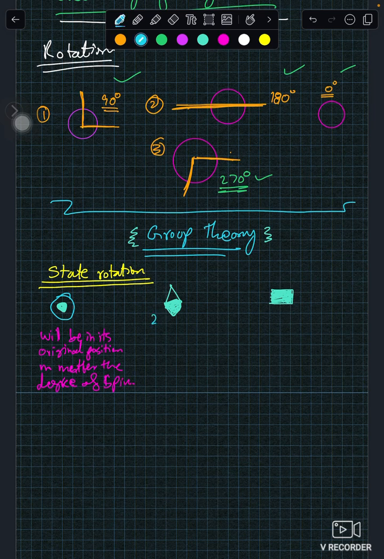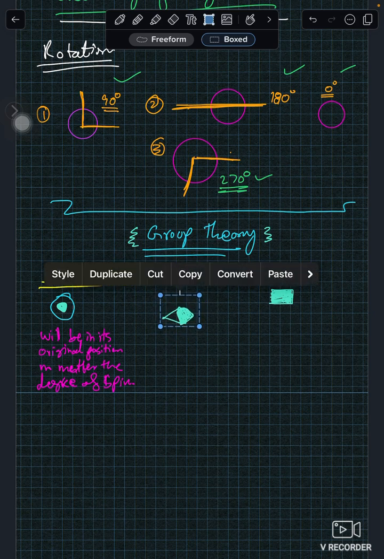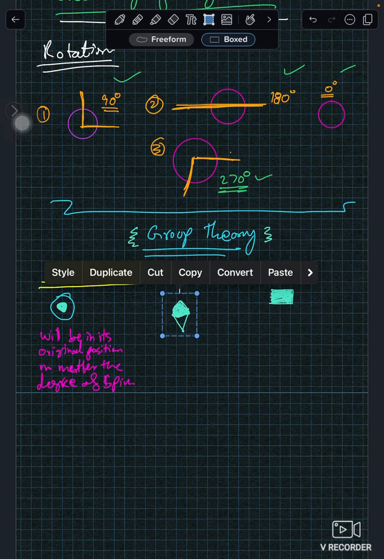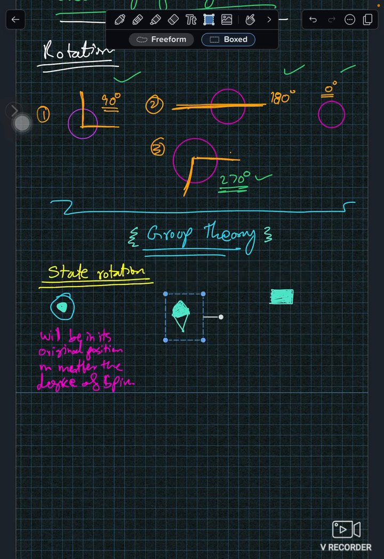But then we have a different situation over here. Here, no change. Okay. Again, I'll rotate it. Look at that. Now at 90 degrees, it changes position. Again, it changes position. Here, again changed. Here, it came back to its original position. So now what do we say?